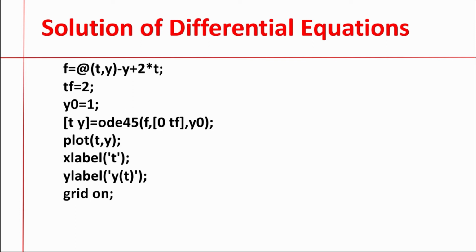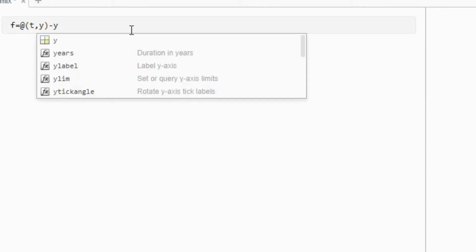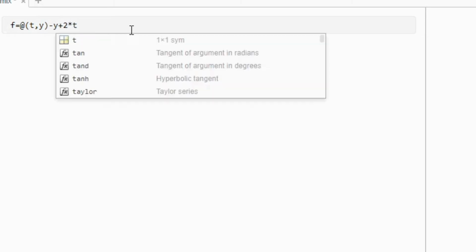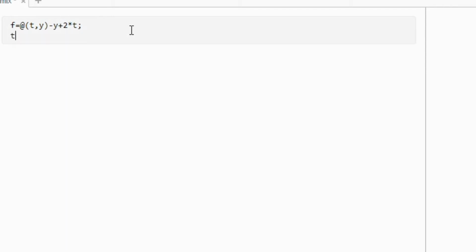Okay, now we see how this code works in MATLAB. Okay, let f is equal to @(t,y) minus y plus 2 multiplied by t. The same code you can paste over here.